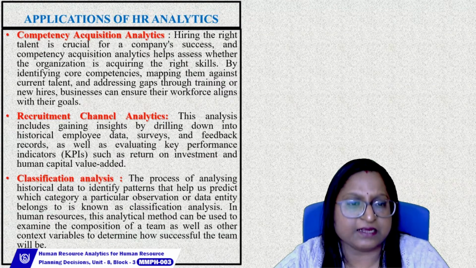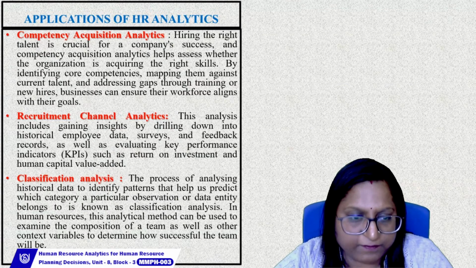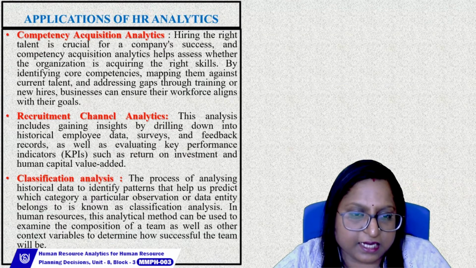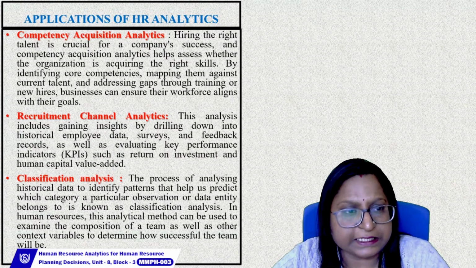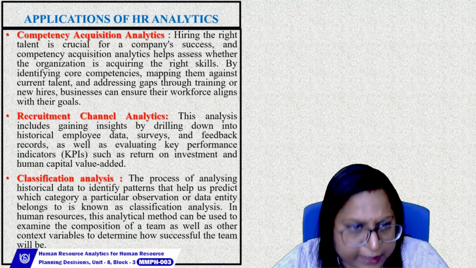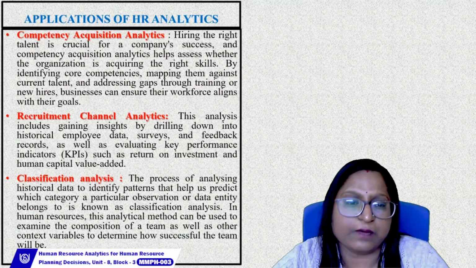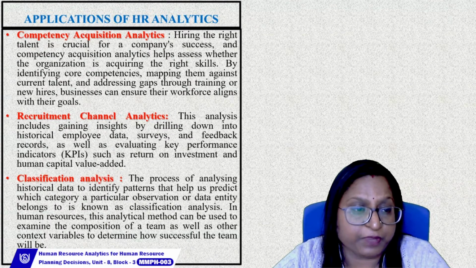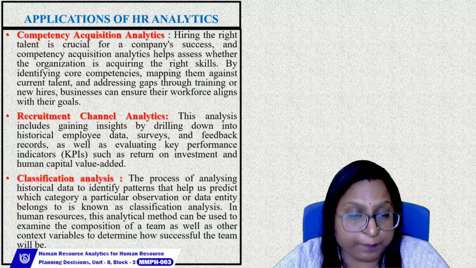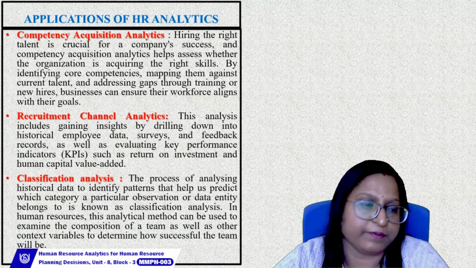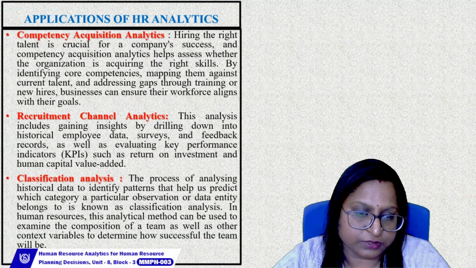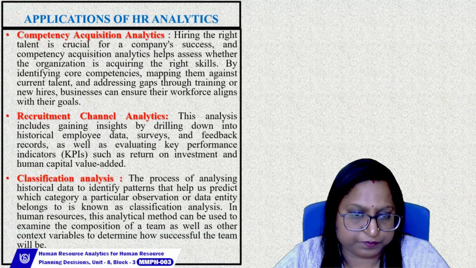It is the process of analyzing historical data to identify patterns that help us predict which category a particular observation or data entity belongs to.